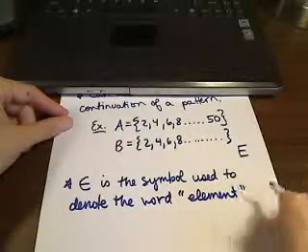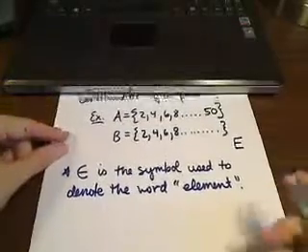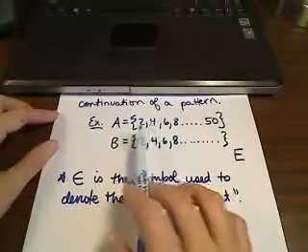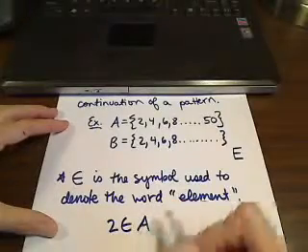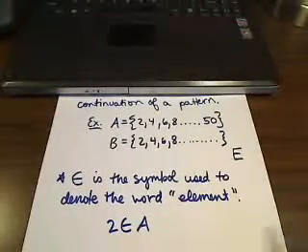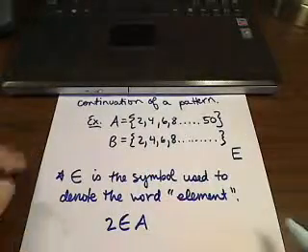And that's helpful because it looks like an E. So, okay, if we use, for instance, this set A right here, I could say that 2 is an element of A. And mathematically, this is correct, and I'm saying that 2 is one of the elements that exists in this set.